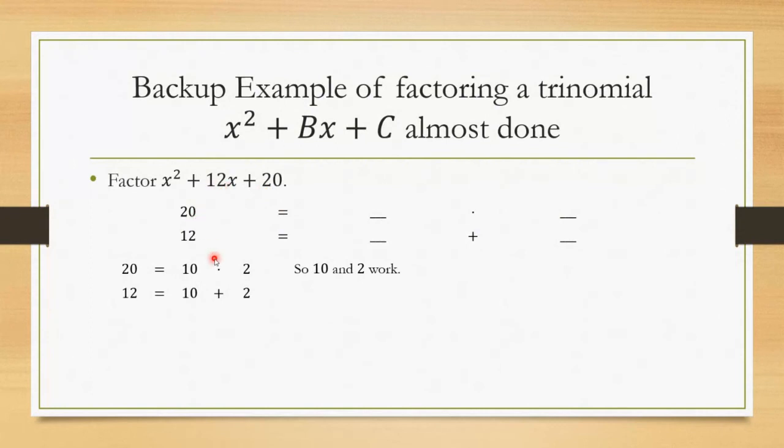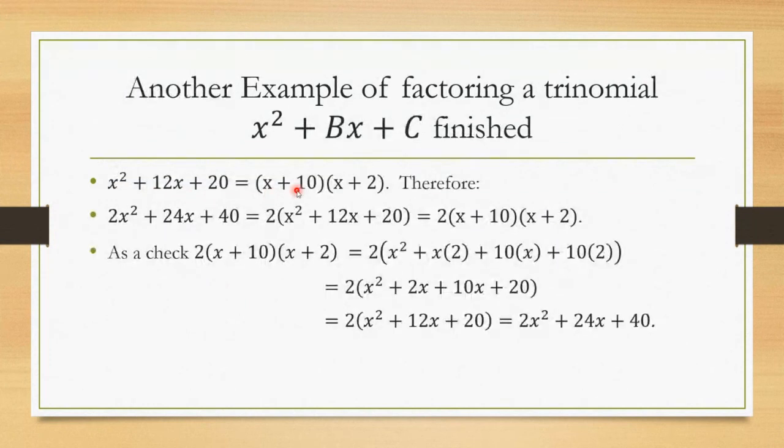As you can see here already, 10 and 2 are going to work. So because of that, we get this thing is equal to x plus 10 times x plus 2. And all together, the final answer is 2 times x plus 10 times x plus 2.